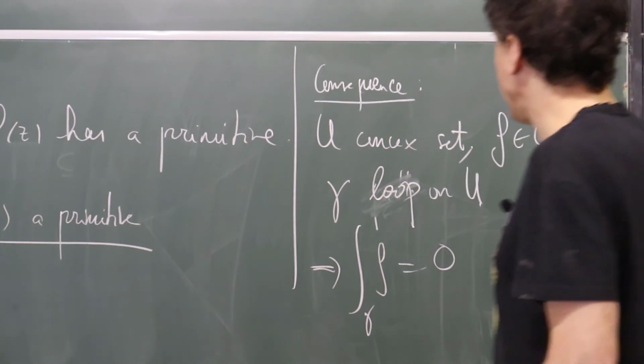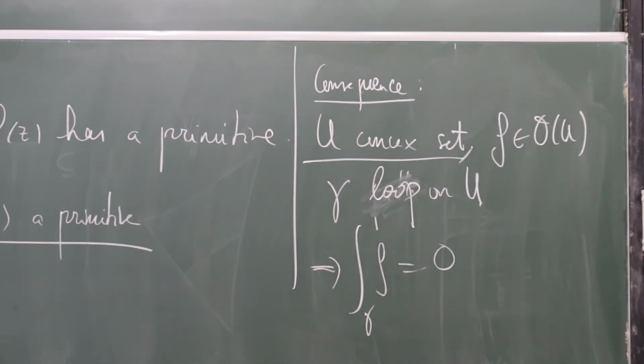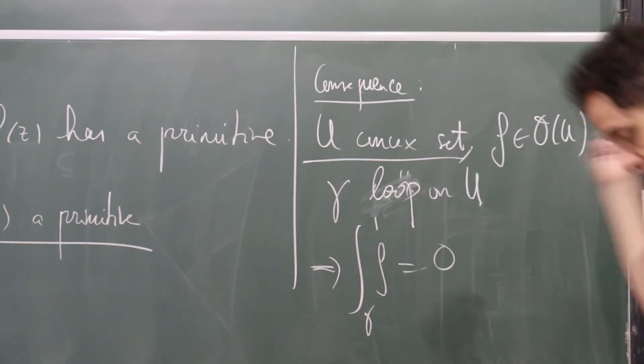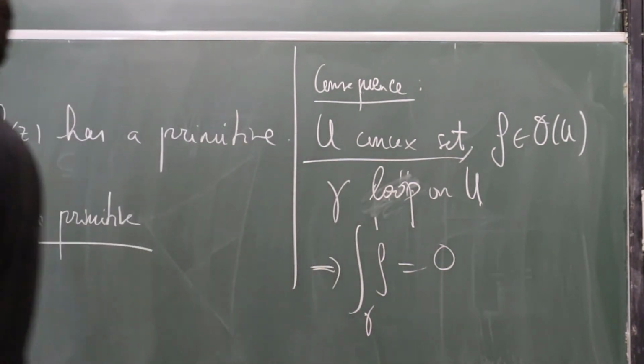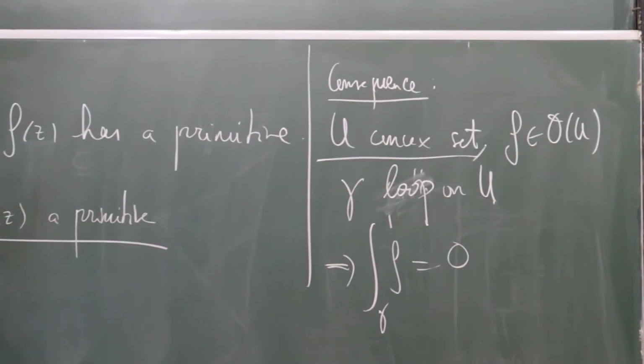If the function is defined on a convex set, not on any set, as we have already seen in the example of the function 1 over z. If the domain is not convex, this is not true.